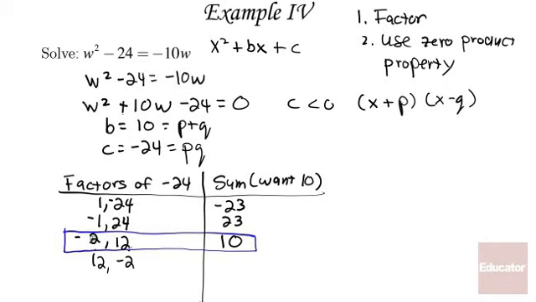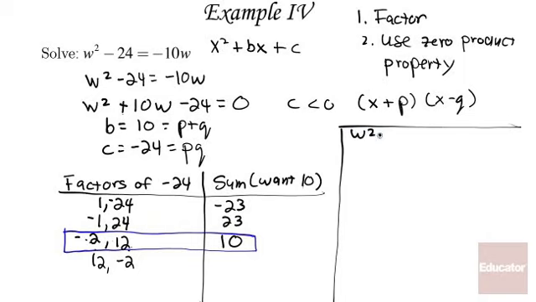And I always just double check. -2 times 12 is -24. -2 plus 12 is 10. Okay, so this is now an equation. So we're going to have to do an extra step here to solve the equation. We're not just being asked to factor, we're actually needing to solve the equation.